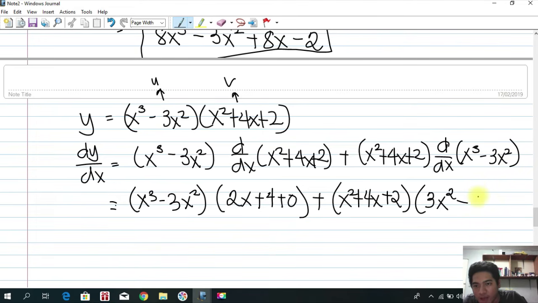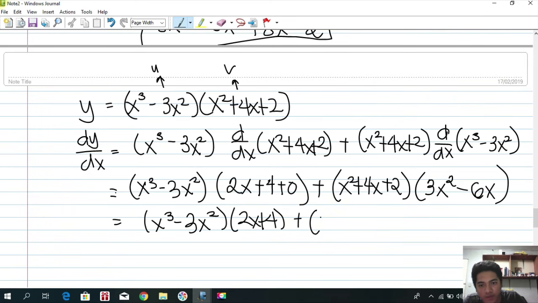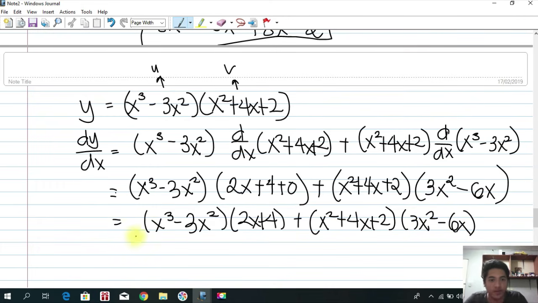So we will be having 6x. Okay? So to simplify, x cubed minus 3x squared, we have 2x plus 4. And then for this, we have x squared plus 4x plus 2 times 3x squared minus 6x.